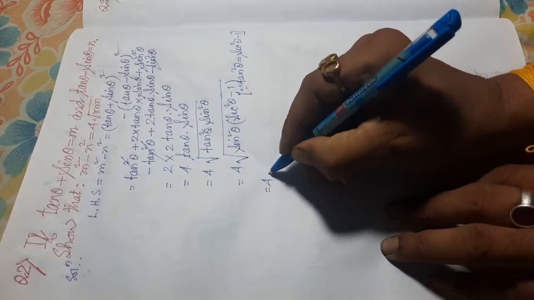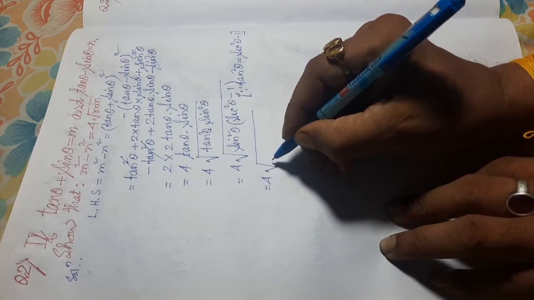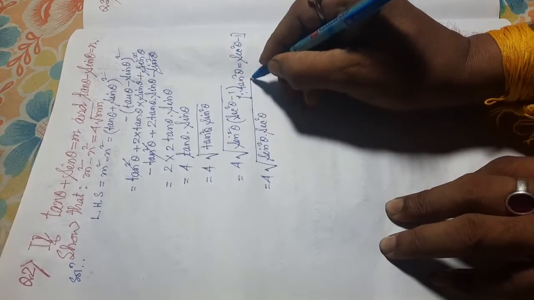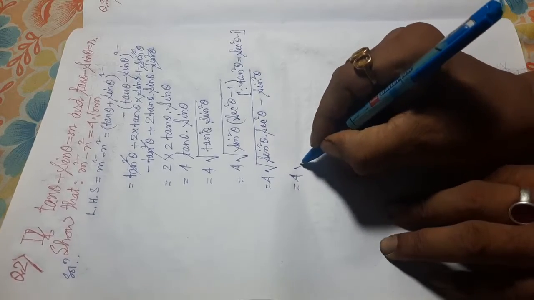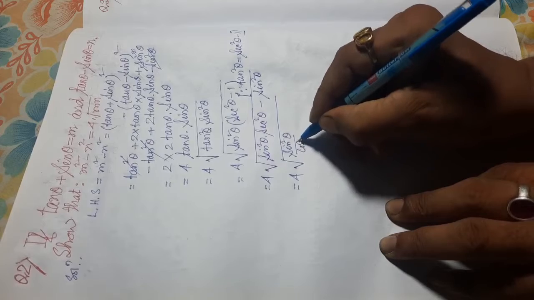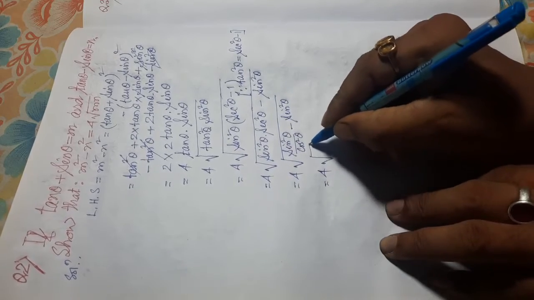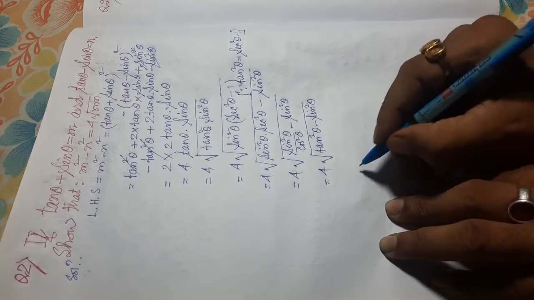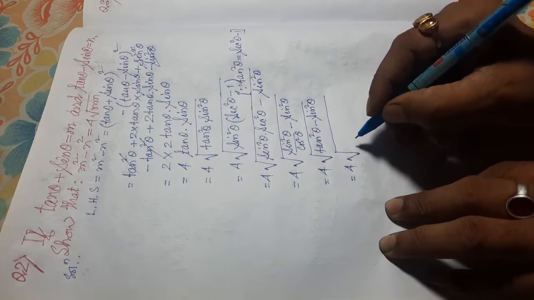is equal to 4 into square root of sin square theta into sec square theta minus sin square theta, is equal to 4 square root of sin square theta divided by cos square theta minus sin square theta, is equal to 4 into square root of tan square theta minus sin square theta, is equal to 4 into square root of, a square minus b square is equal to a plus b into a minus b.